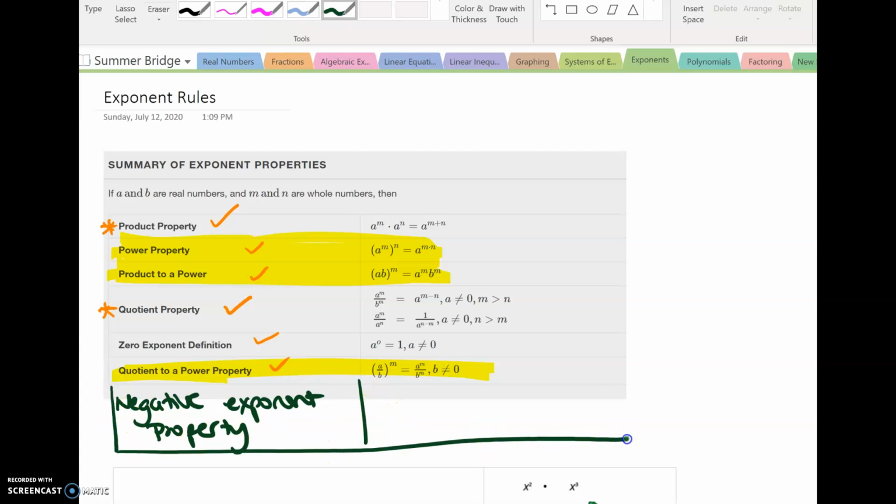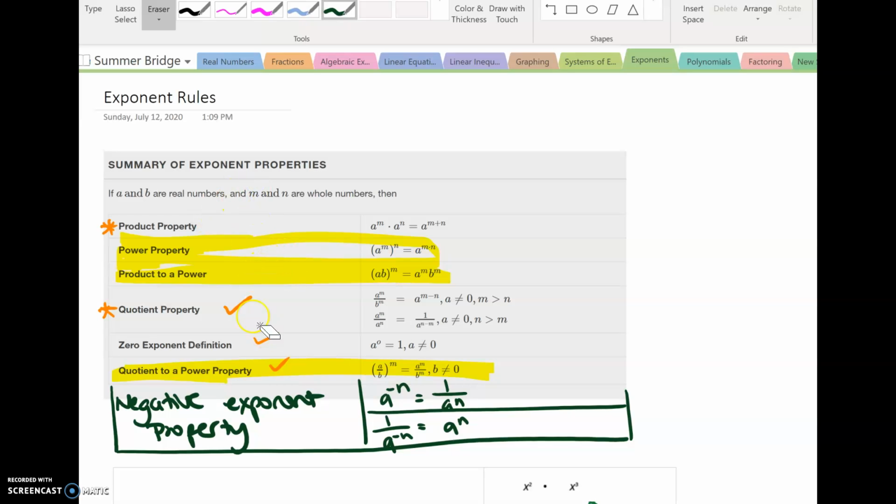I'm going to add a little box here. So if I have a to the negative n, that's the same as saying 1 over a to the n. And then I'm going to have kind of like the converse. So a to the negative n as a fraction, that's the same thing as saying a to the positive n. Okay? So now we have absolutely done everything on here.